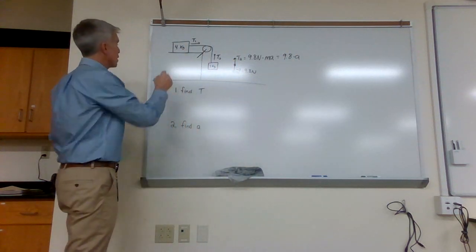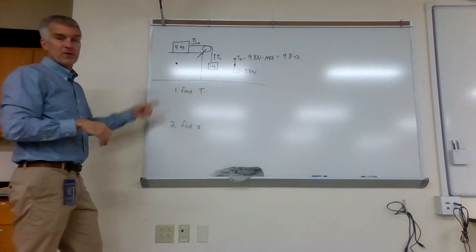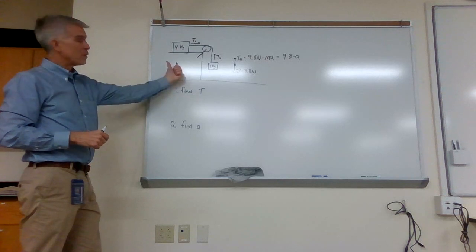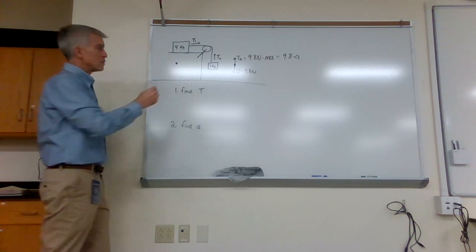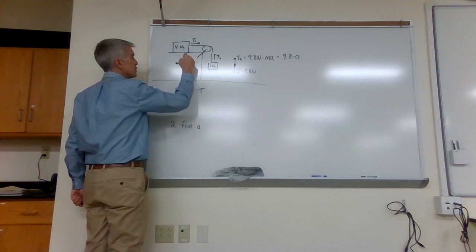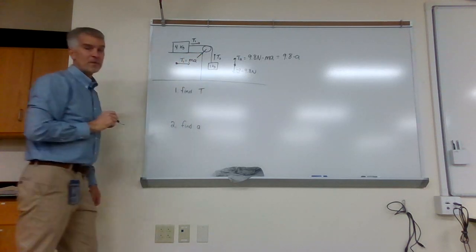Now, for this block, I'm going to draw my force diagram right here. I'm not going to worry about the normal force and the gravitational force. There's no friction to the left, so the only horizontal force acting on this 4-kilogram block is T1, and this is going to equal MA.